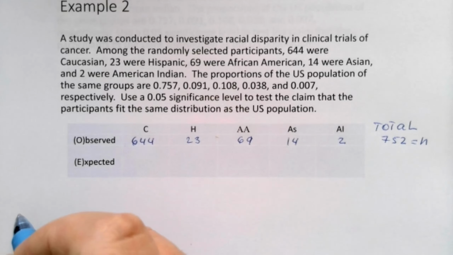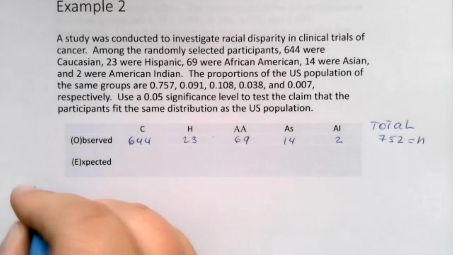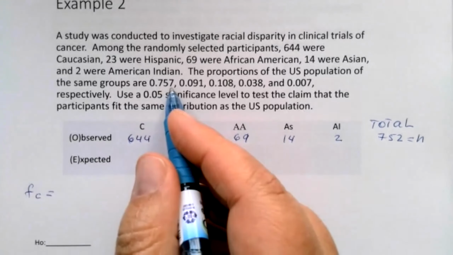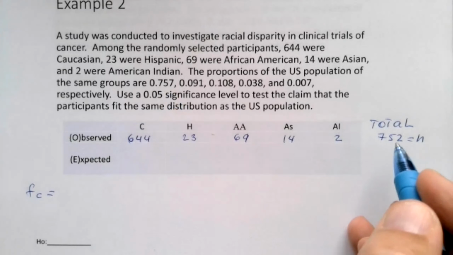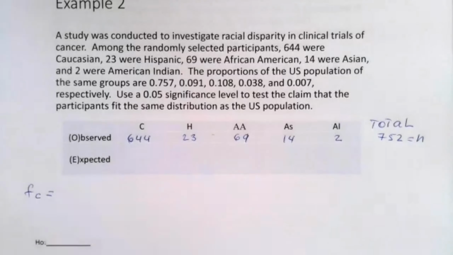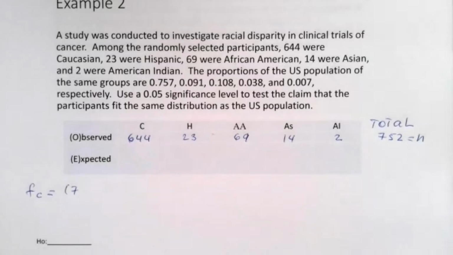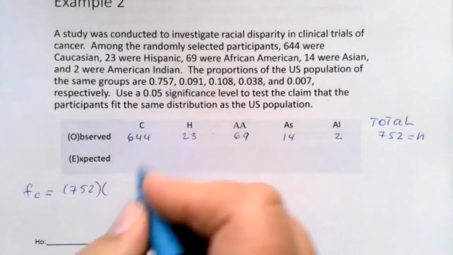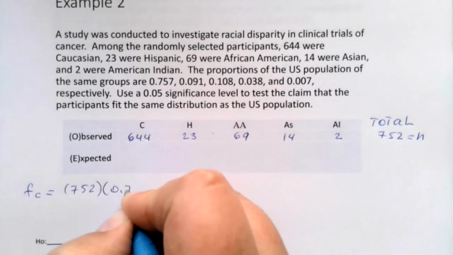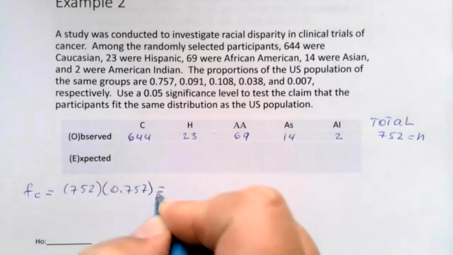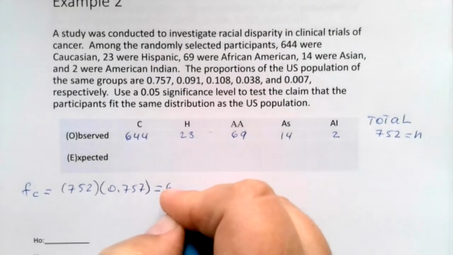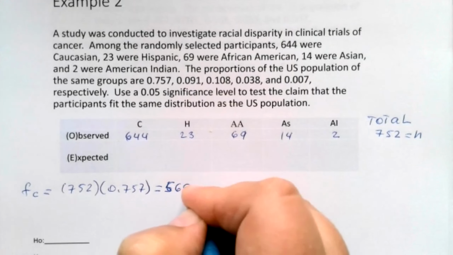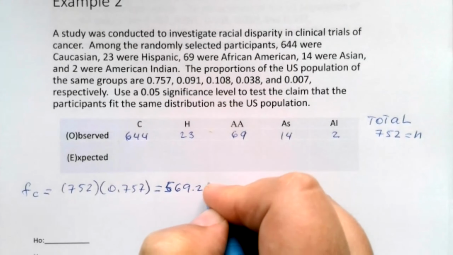So, for example, the expected frequency for Caucasians would be 75.7% of this total. So we take the total of 752 multiplied by the percentage 0.757. That would give us 569.264.